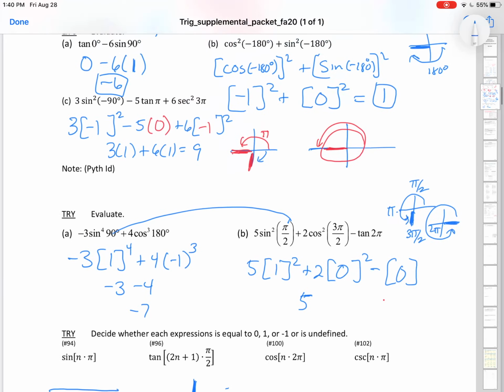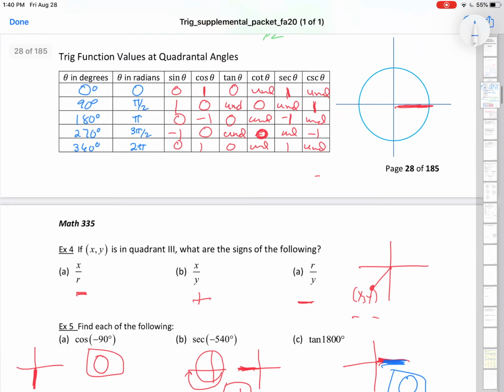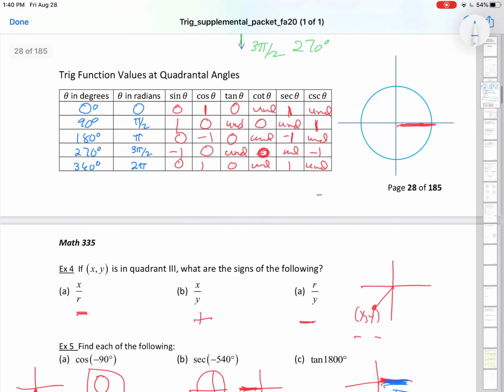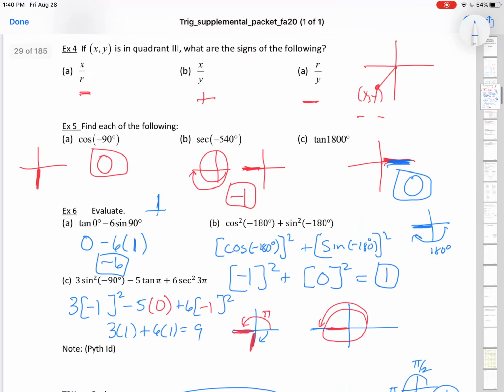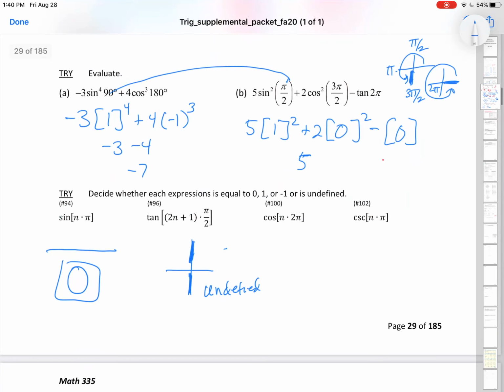So let's go up and double check that, right? We could doubt ourselves, but that's why we have these charts to go back to. Let's look at tangent at 90 degrees and 270 degrees, and it absolutely is undefined.